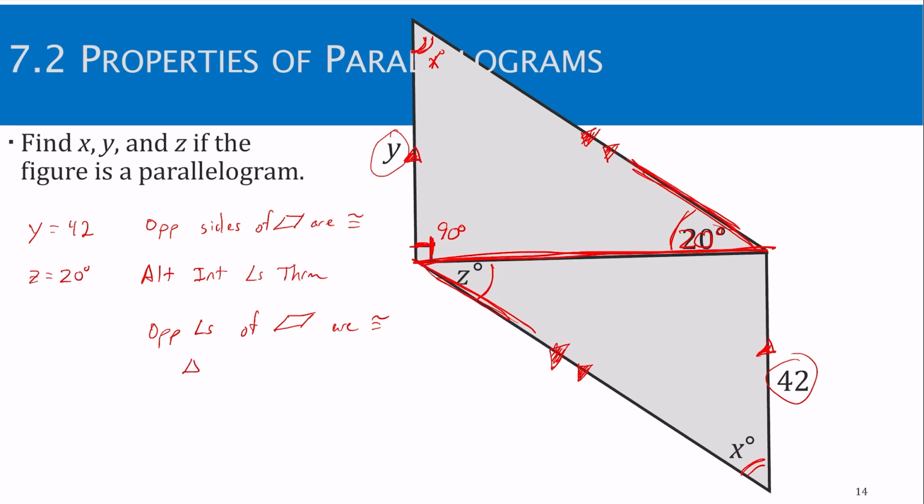And if we use the triangle sum theorem, we know that the three angles in the triangle add up to 180. So x plus 90 plus 20 equals 180. So x is 70.